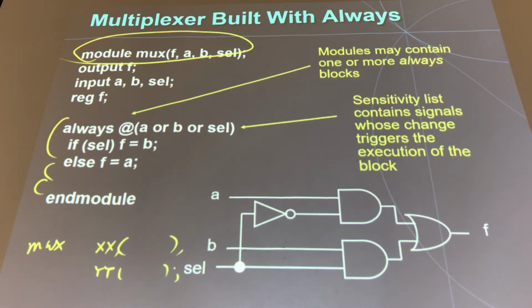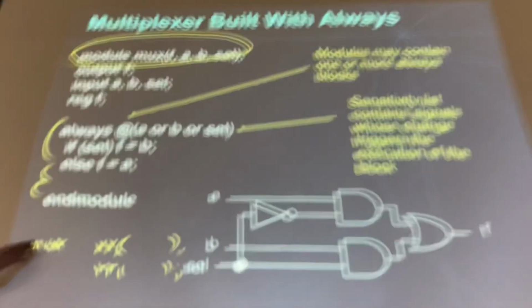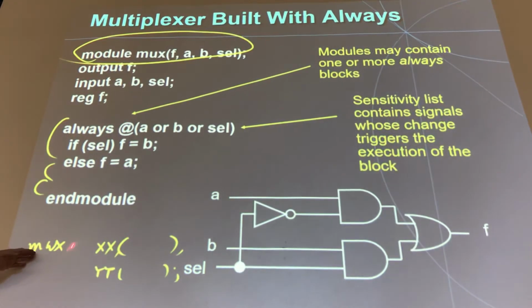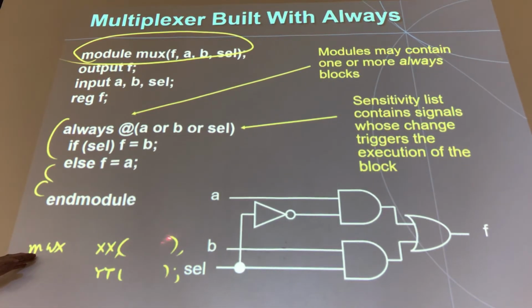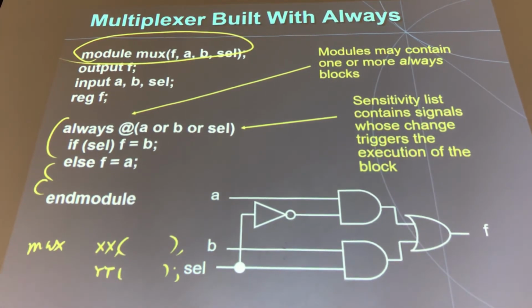When in some statement we have mux, x, y, meaning that we call the module multiplexer. There are two instances, and for each instance this is the input-output interface signal name. This, right?